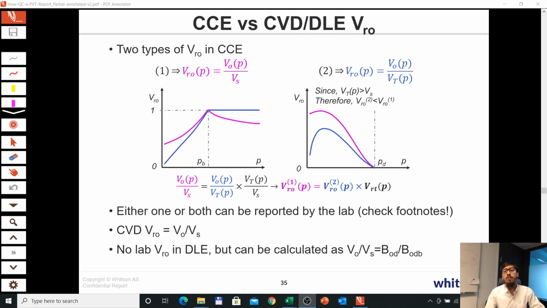So when we do the material balance, occasionally the calculated densities are perfectly aligned with the reported densities, and that doesn't mean that the reported densities are of good quality.